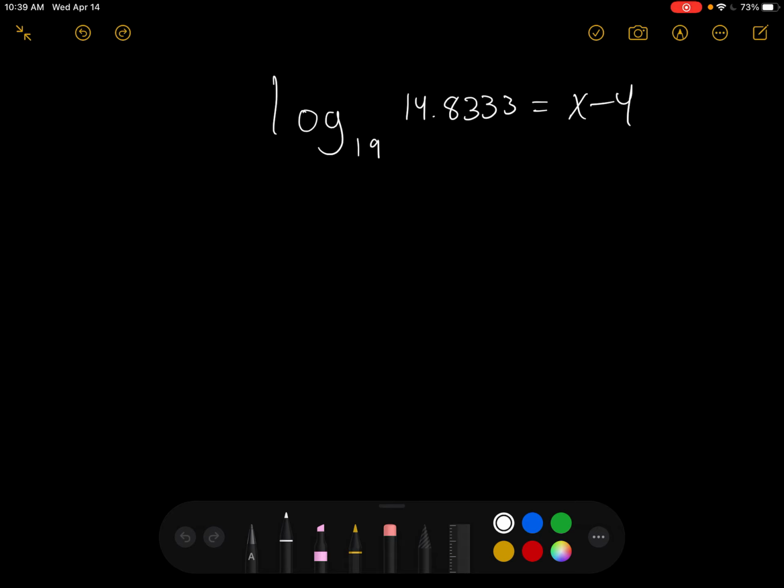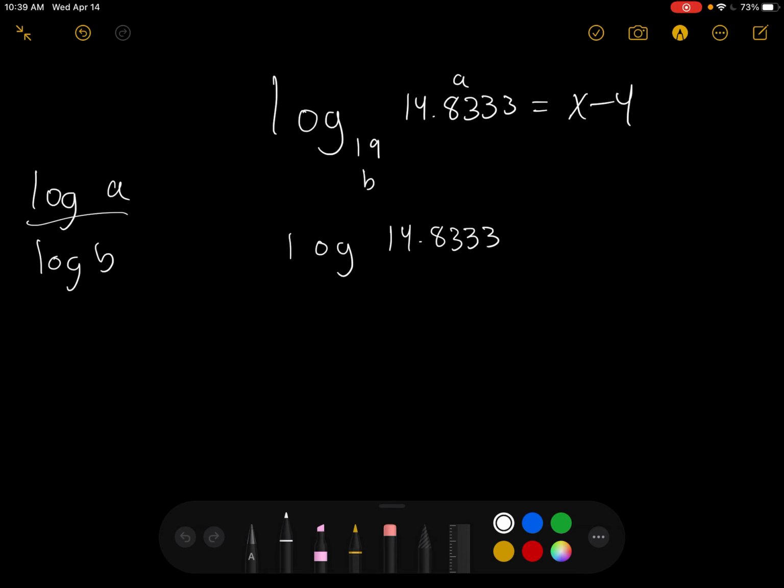If you do not have the log base function, you're going to have to use the change of base formula. This is the last time that I'm going to label things. So this is b. This is a. The change of base is log of a over log of b. So this is going to be log of a, which is 14.833, divided by log of b, which is 19, is equal to x minus 4.